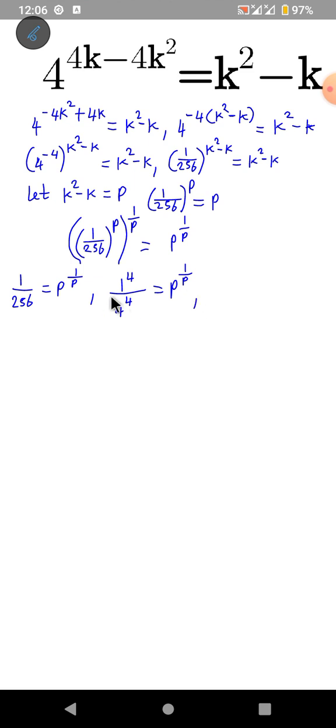Then we continue again now. Since the numerator here is raised to the power of 4 and the denominator here is raised to the power of 4, I can write this expression here as 1 over 4 raised to the power of 4 equal to p raised to the power of 1 over p.